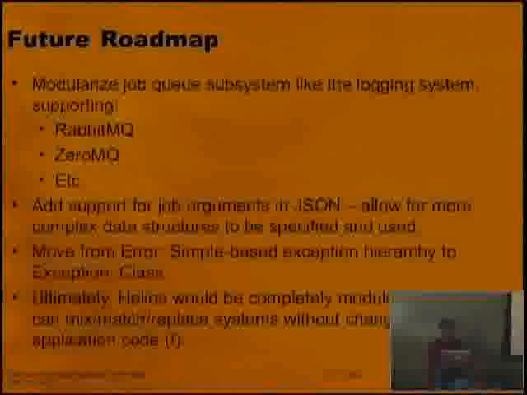So just because Helios is using Error Simple doesn't mean you have to. And ultimately, modularizing the logging system has really opened up some opportunities for certain clients and other people, just that flexibility. I really see that increasing the modularity would increase the niche that Helios can service.